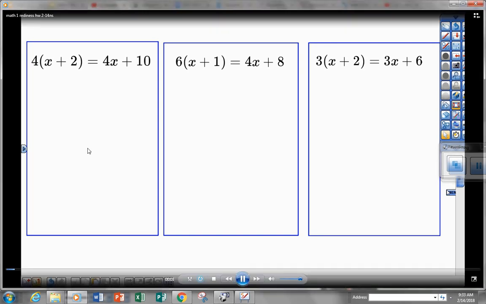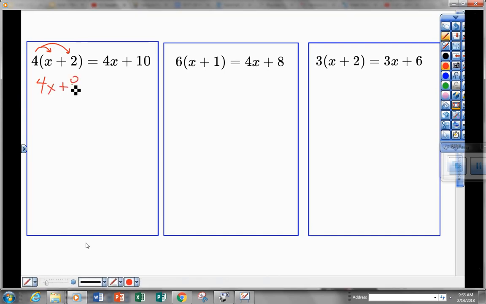So this first one here, I'm going to distribute. Always distribute. So I'm going to take that 4 and multiply it times the x and the 4 times the 2. That's going to give me 4x plus 8 equal to 4x plus 10.